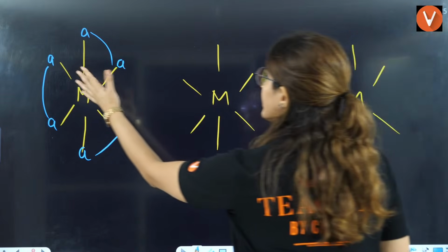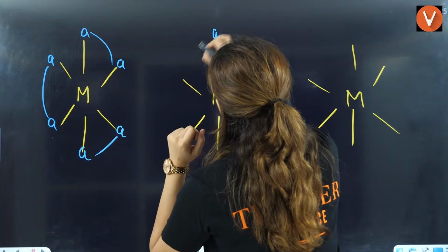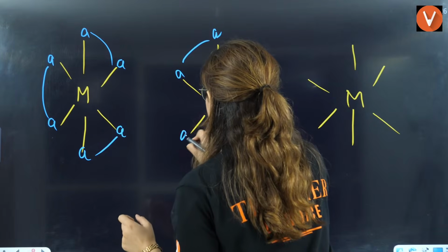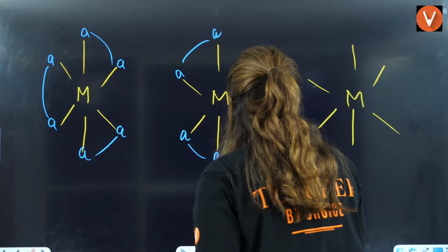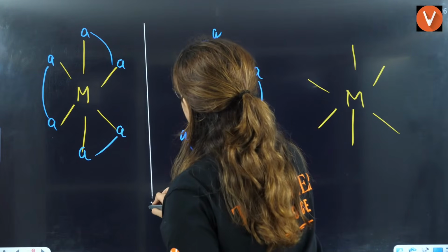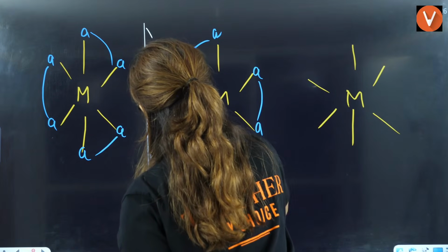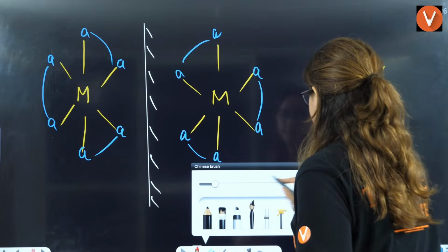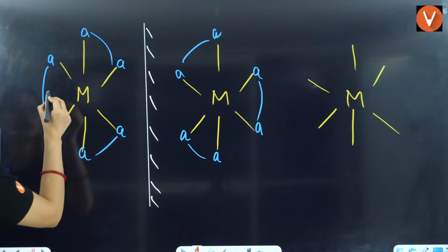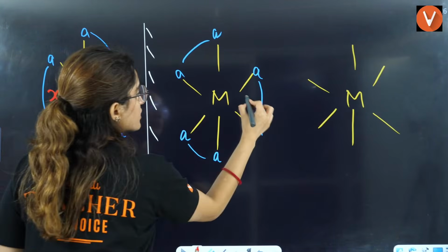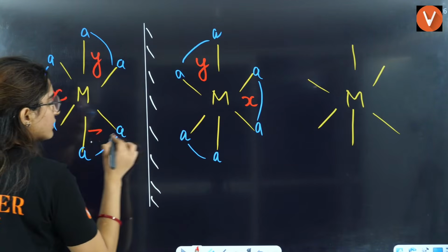Mirror image means this will become AA, this will become AA, this will become AA. This is the mirror image. See one thing, the easiest way I'm explaining to you: it is the x-axis, so this opposite will be x. This was y, then this will also be y. This is z, then this will also be z.